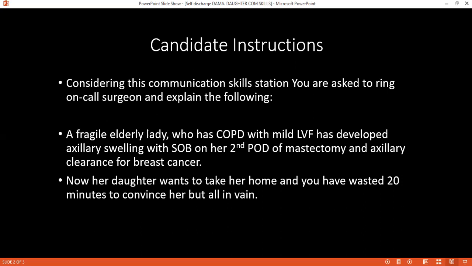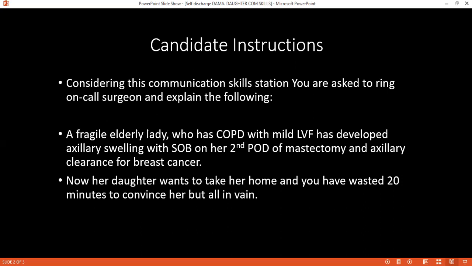Okay, so what will you do if the daughter and the mother are still insisting on going home? I will try to convince her, because her daughter lives 60 miles away from this hospital, and it is difficult for her to look after her mother, as she is also a working woman and has problems at home with children.